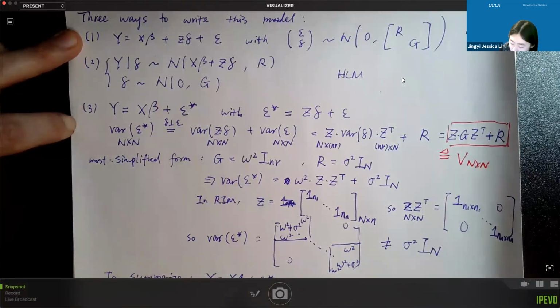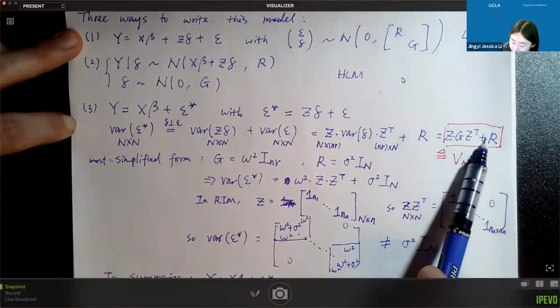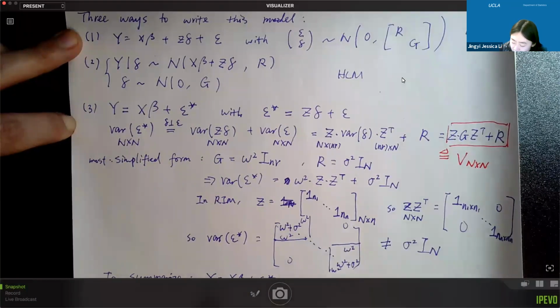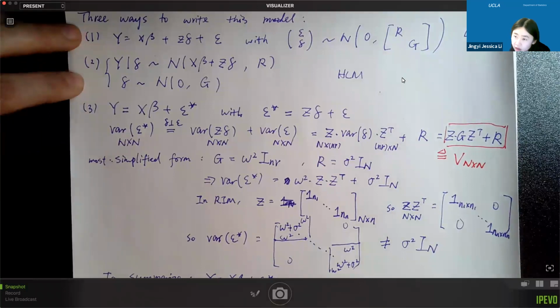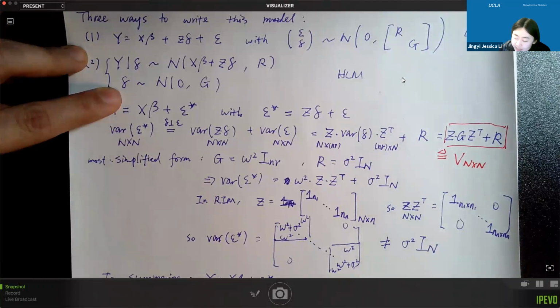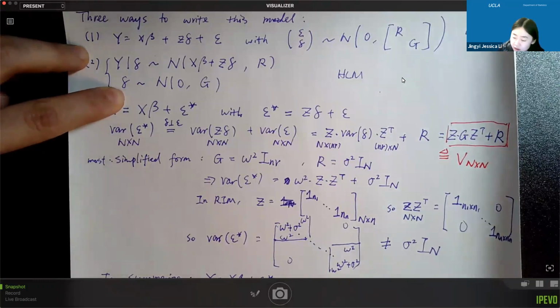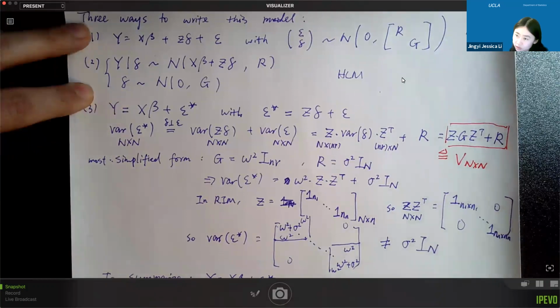Essentially, when you write it out, you are using the marginal model for y only, and there's no delta in the model at all. So the third way will not give you any information about delta, but the first two ways allow you to talk about the distribution of delta given my data, just like the Bayesian framework. We want to talk about the posterior distribution of a random parameter given data. With the first two ways, we're still able to do that, but not with the third way.